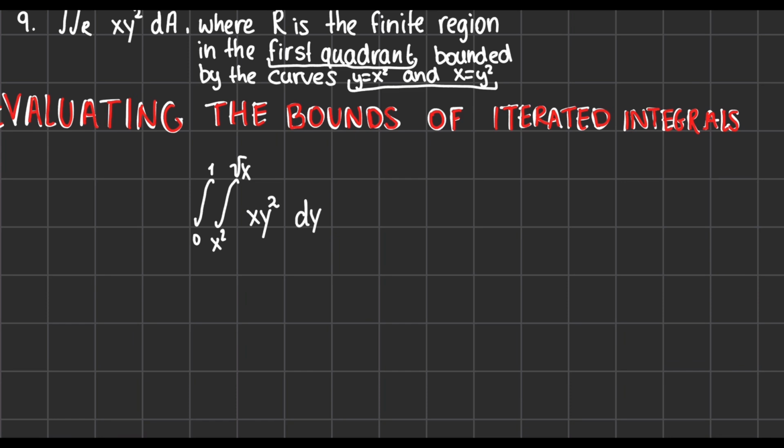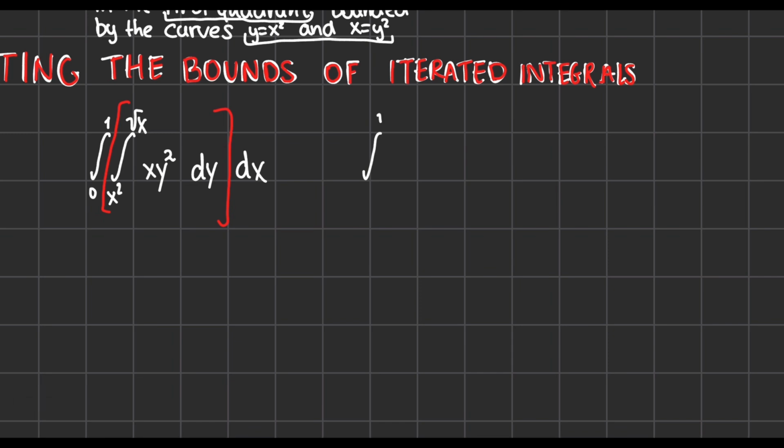It's going to be dy dx, because when solving double integrals, you work from the inside to the outside, and we know that these bounds are for dy. So let's solve this integral first, and then the rest will be very easy. Solving this is not going to be very hard. We just integrate with respect to y, meaning that we treat x as a constant.